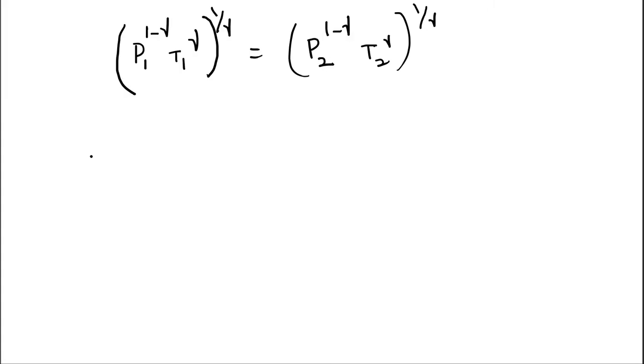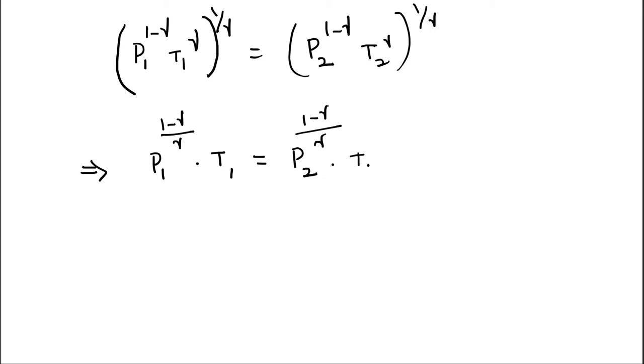So now I distribute the power to both the terms. That makes P1 power 1 minus gamma over gamma times T1 power gamma over gamma, which will be 1 only. Therefore, we will be left with T1 power 1 only. Now this one is going to be P2 power 1 minus gamma over gamma times T2.